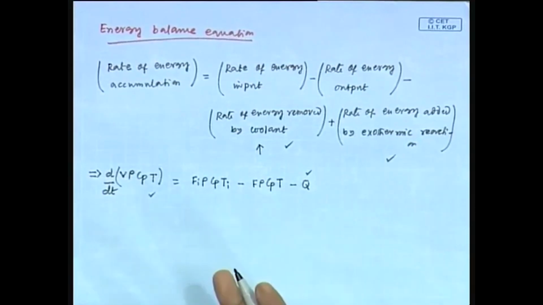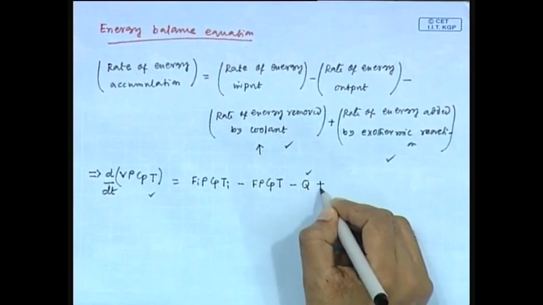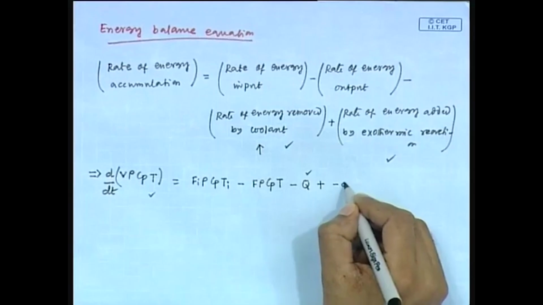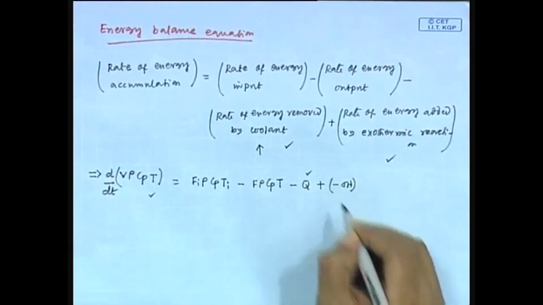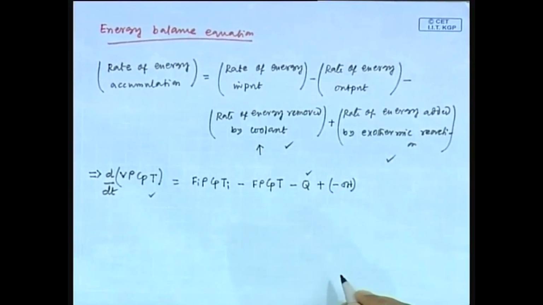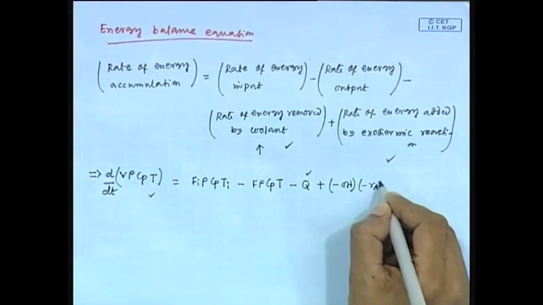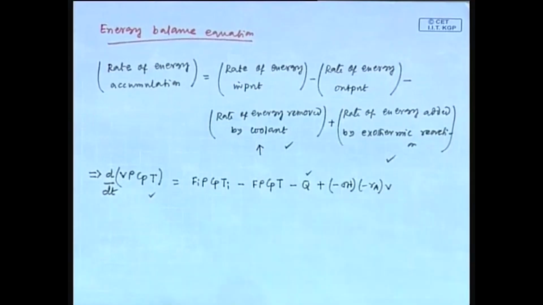We know flow rate Fc, rho c, Cpc, and then temperature difference is outlet temperature of coolant minus inlet temperature of coolant, fine. What is the last term? I mean, how we can represent the last term? Last term we have to consider in this way: minus delta H, that is heat of reaction, then minus Ra multiplied by V.